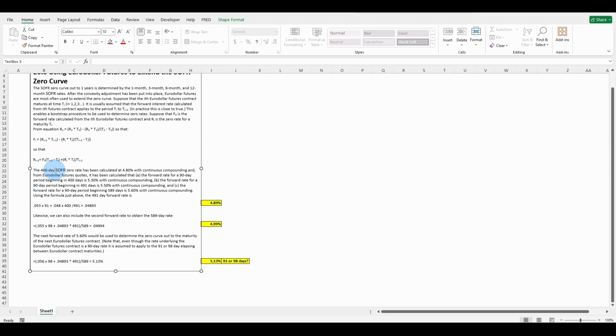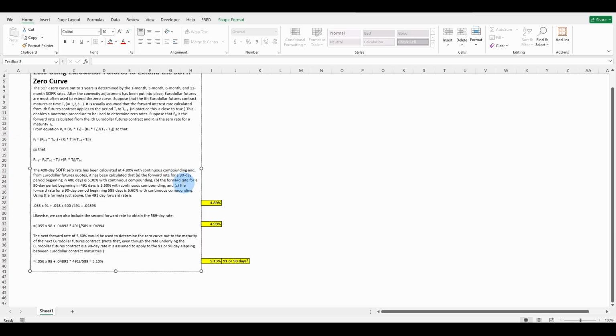So the 400-day SOFR zero rate has been calculated at 4.8% with continuous compounding, and from Eurodollar futures quotes, it has been calculated that the forward rate for a 90-day period beginning in 400 days is 5.30% with continuous compounding.